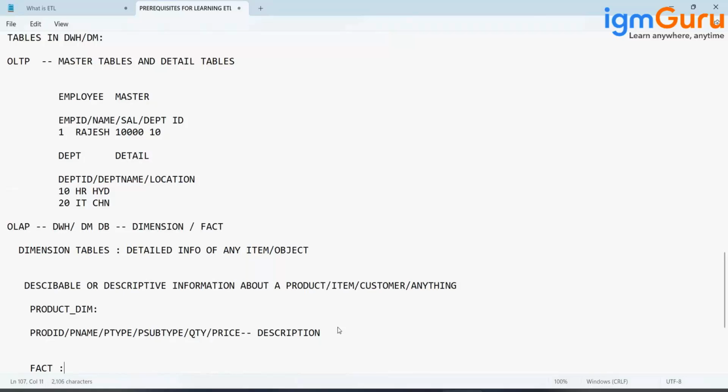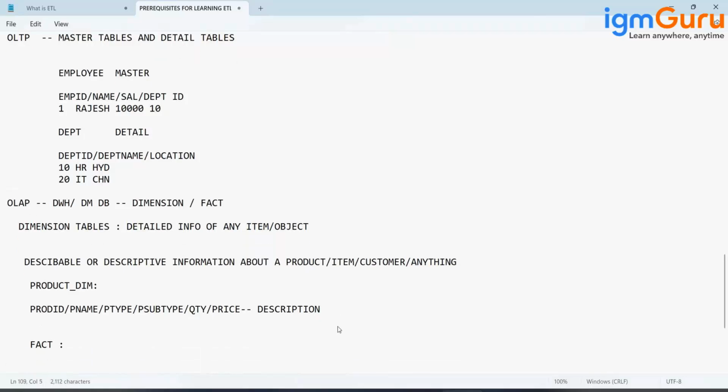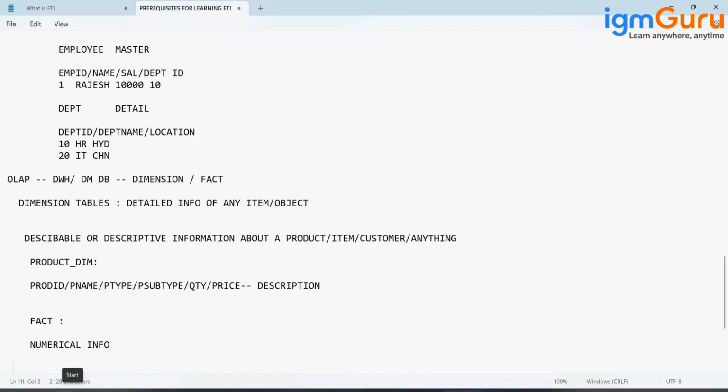So what does a fact table hold, according to your thoughts? Numerical data. Here it stores numerical information, measurable data.